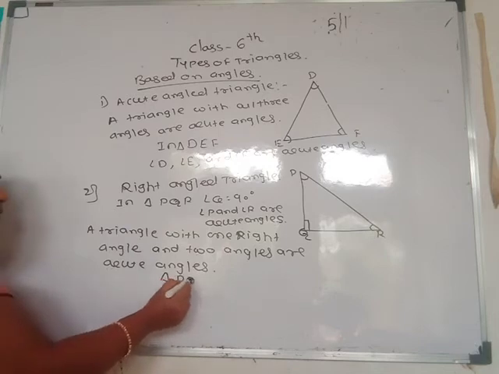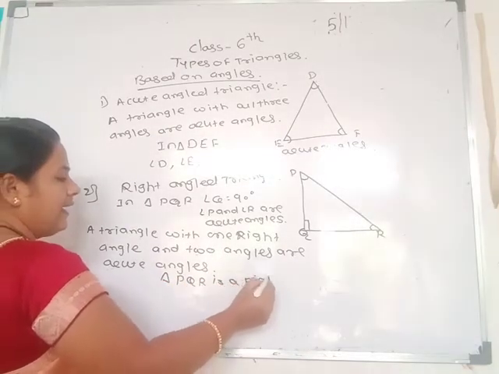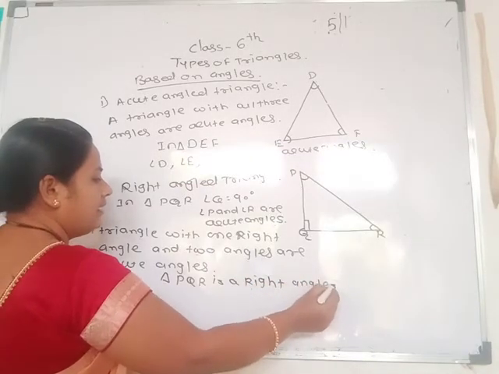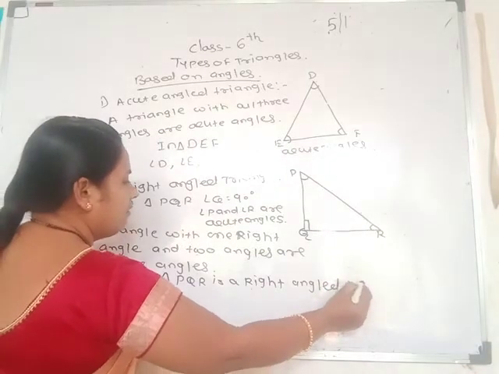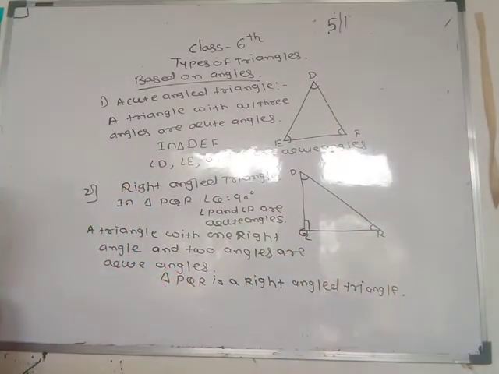Triangle PQR is a right angled triangle. Then third one, again one remains, obtuse angled triangle.